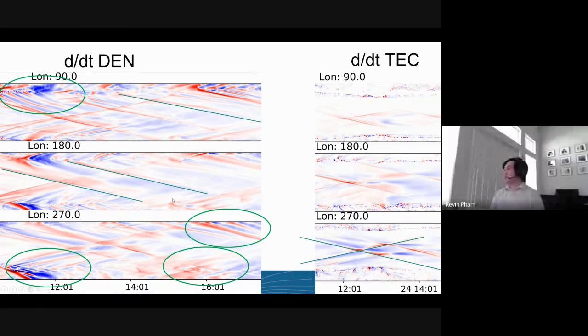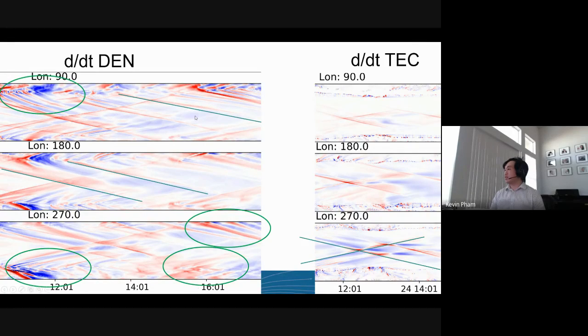That doesn't seem to be the case, because if you compare this line and this line, you can see that, so this is the TAD, but you'll see similar curvature in the TEC, a change in velocity in the TEC. With the TAD, you can see that even though the amplitude here seems to be about the same as this amplitude, it's curving a lot more than this one down here.